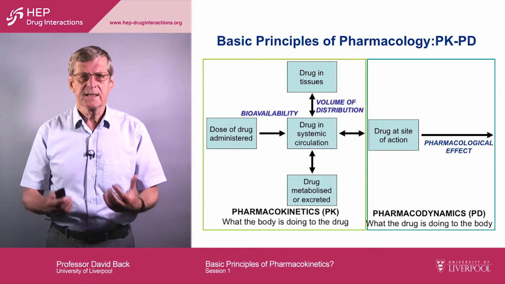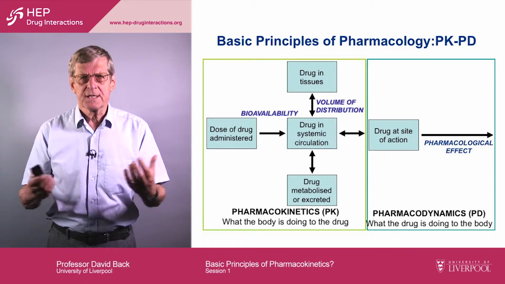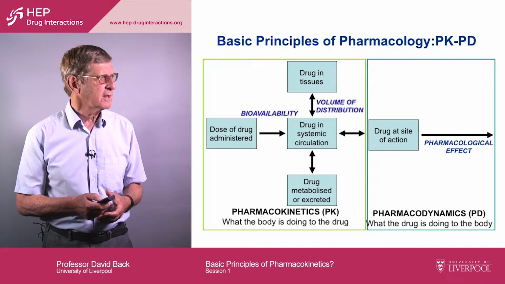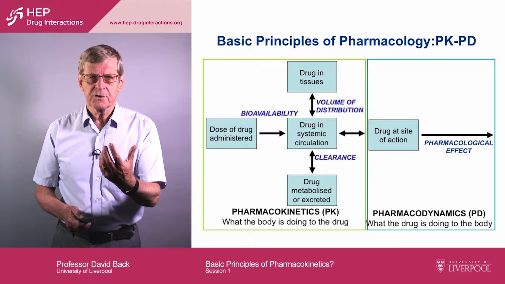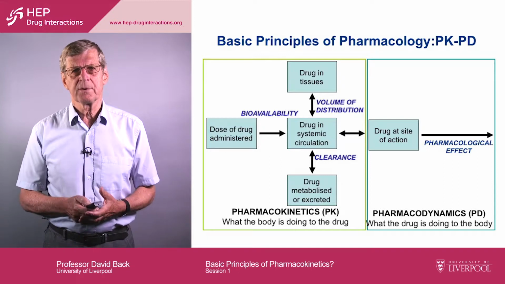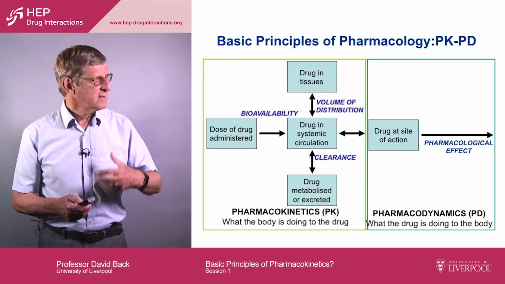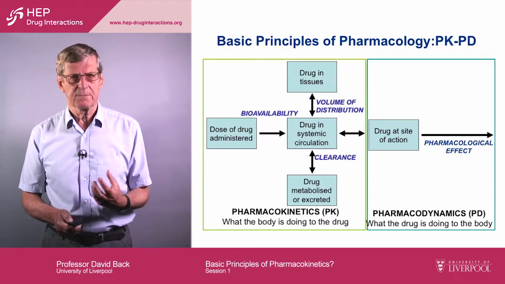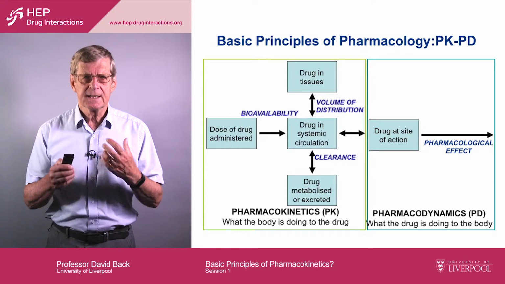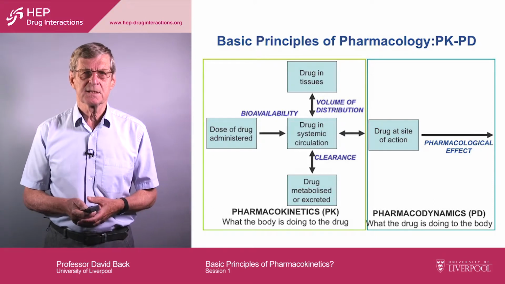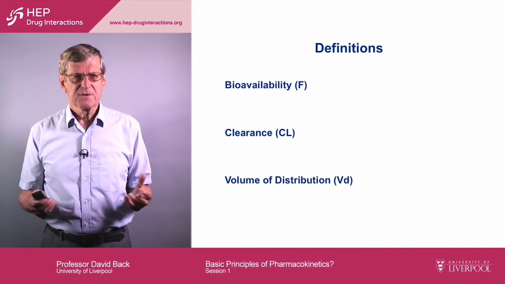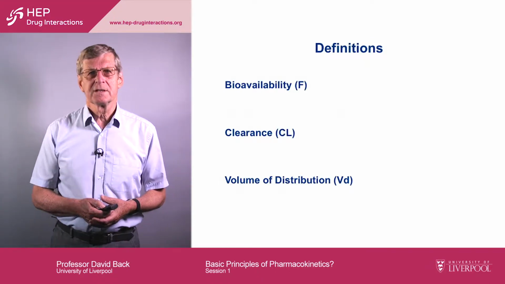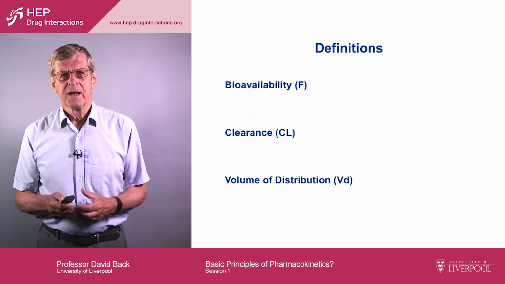You can try to think about the volume, the distribution of that drug throughout the body. And then the clearance of the drug, the removal of the drug by the processes of metabolism and excretion. So these are all important concepts that we have to define and think about in understanding basic principles. So bioavailability, sometimes for a bizarre reason, is given the letter F.